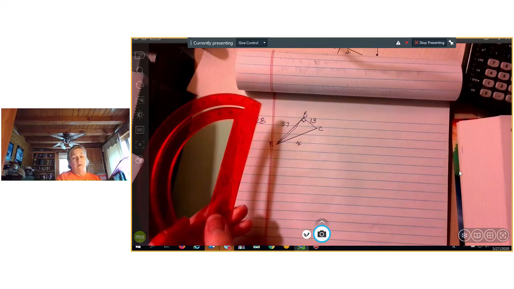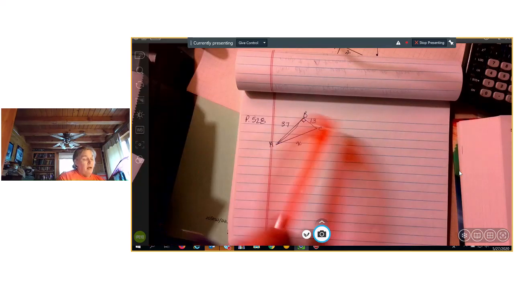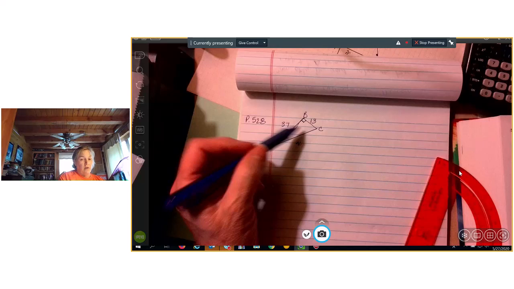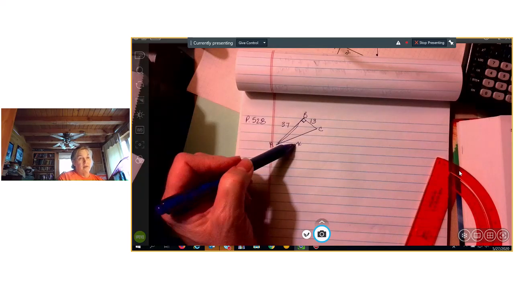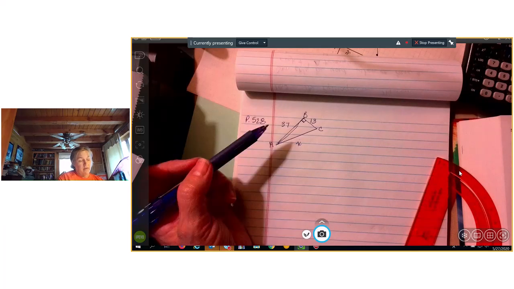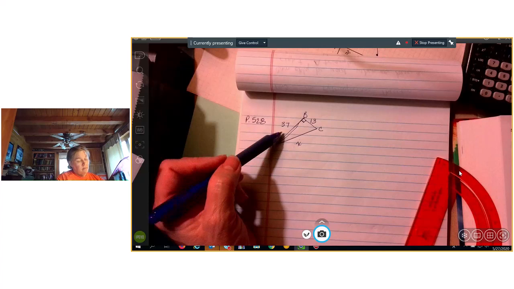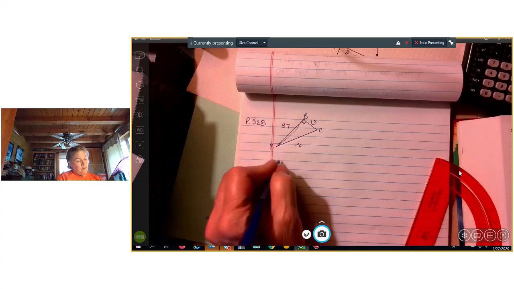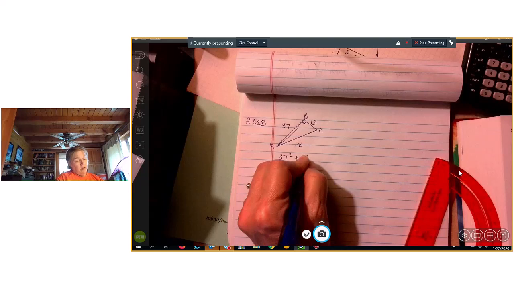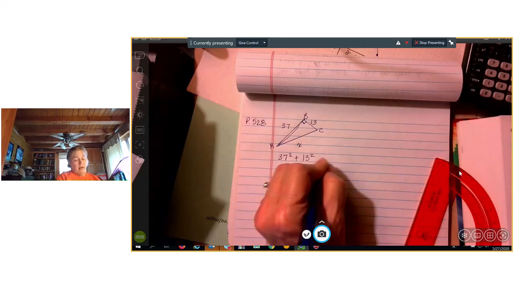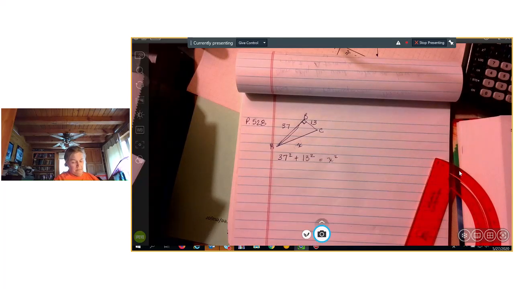First thing I would do is say, okay, this is a right triangle, and the side across from the right angle is going to be our hypotenuse. We haven't labeled side X here, but it can be labeled side whatever, but the book calls it X. So I know that 37 squared plus 13 squared is going to equal X squared.